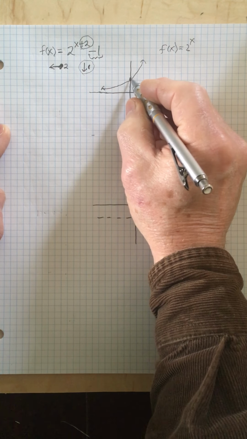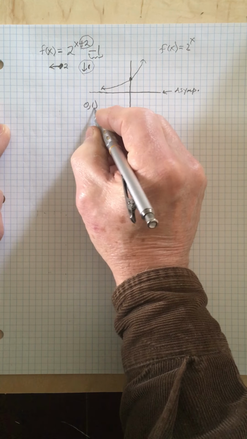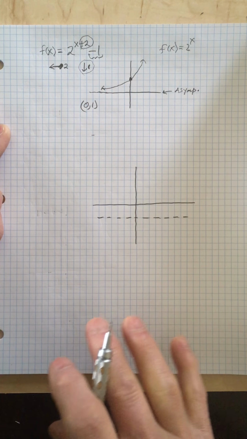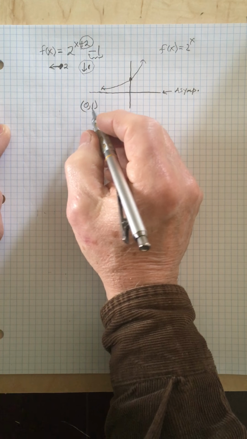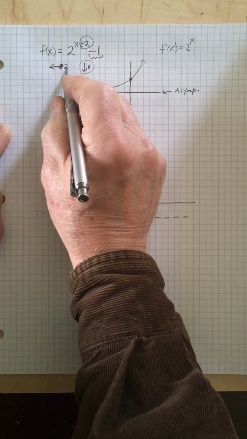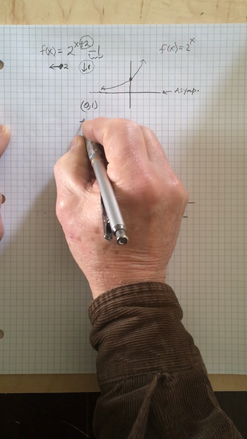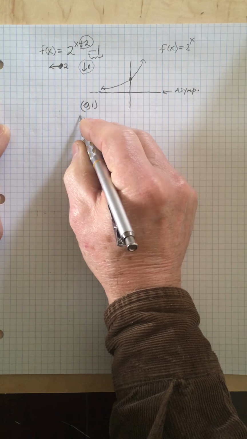All right, this point right here was our original y-intercept, which again from the last page is 0, 1. And what we're doing here is we're going to go to the left 2, so we're going to take this 0 and go 2 to the left, so we minus 2 from that.